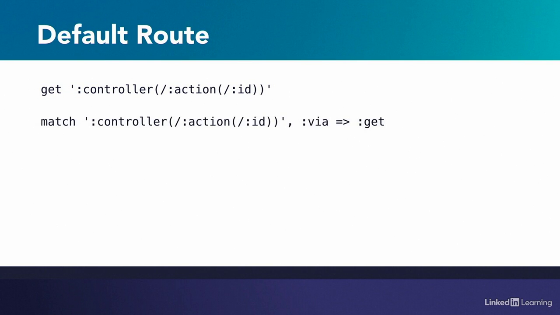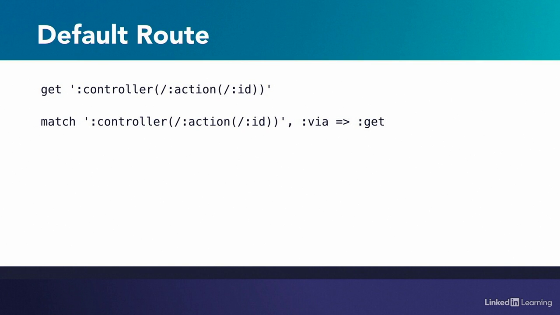The symbols for controller, action, and ID have a special meaning. They act like variable names or like regular expression patterns, and they allow us to match any URL that follows this format into its controller, action, and ID. The parentheses are there to indicate that some of those portions are optional. It will match a controller name by itself, a controller and an action, or something that has all three parts.